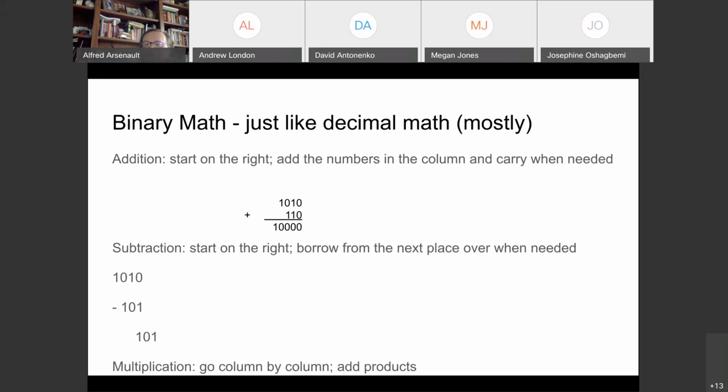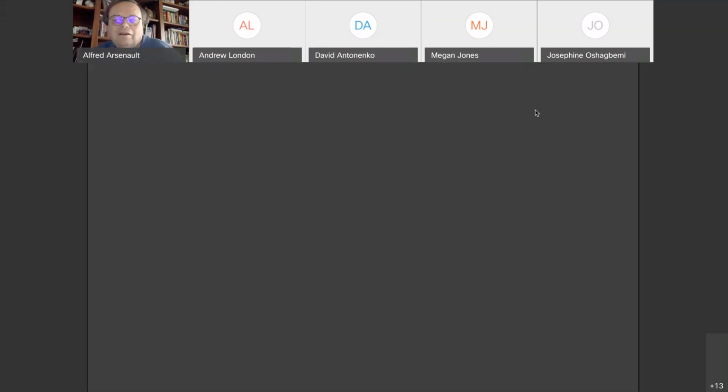If we want to add 1010 plus 110, we will add in the right column the 1. Let's see. Hang on. Okay, we're going to try one thing.